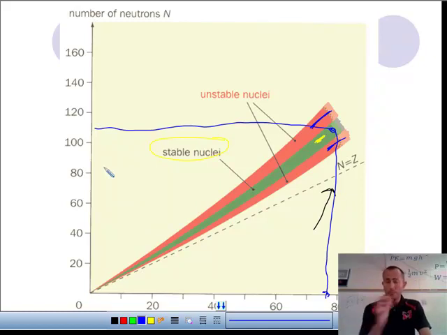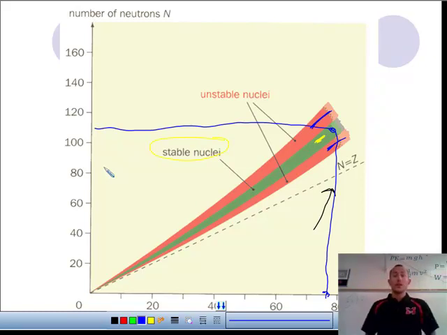Okay? So the reason for that is that you have to have more of that strong nuclear force. If there are not enough neutrons to overcome all of that Coulomb force, if there's not enough to act over the relatively large distance of the diameter of the nucleus, then it's what we call unstable, and it starts to fall apart. So either there are too many neutrons or too many protons.